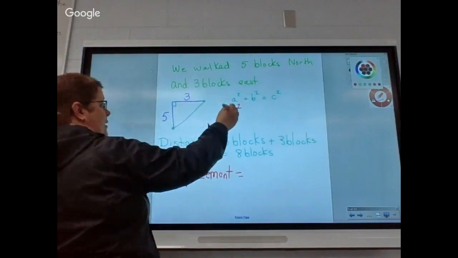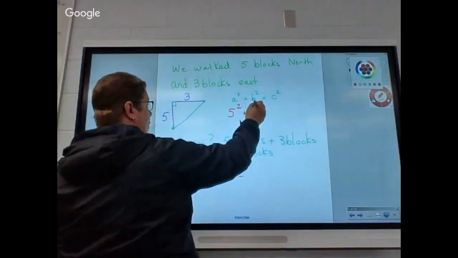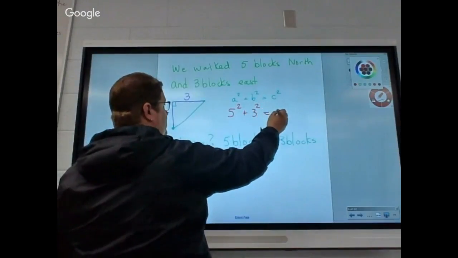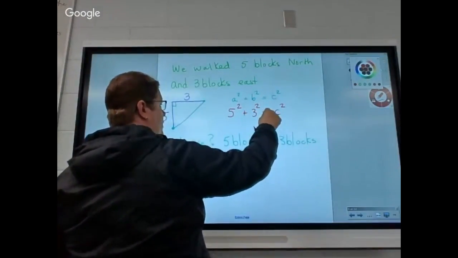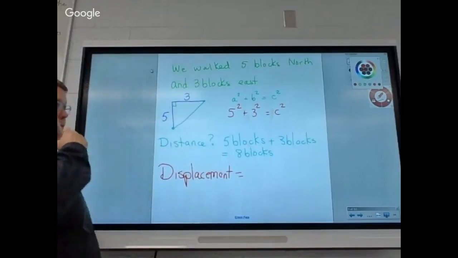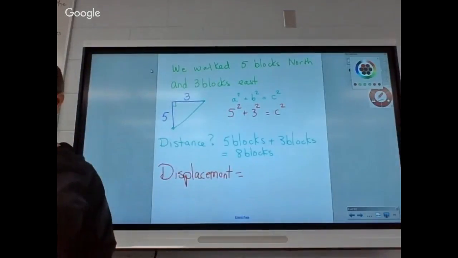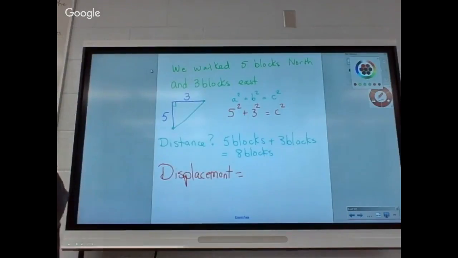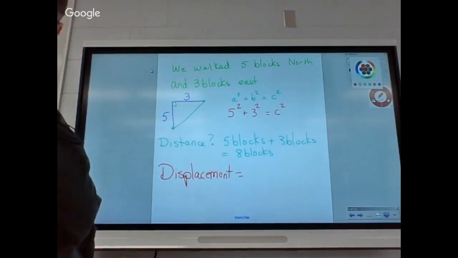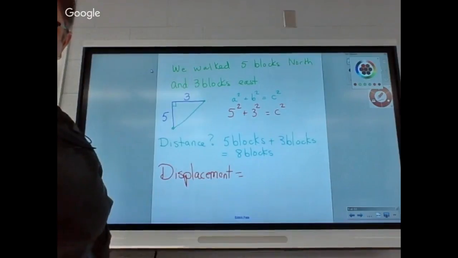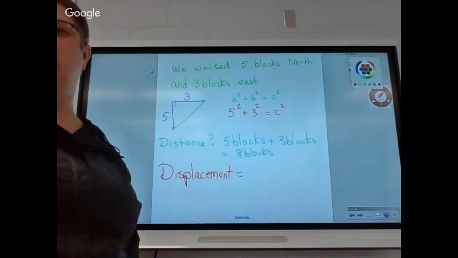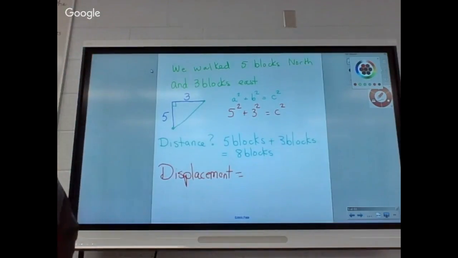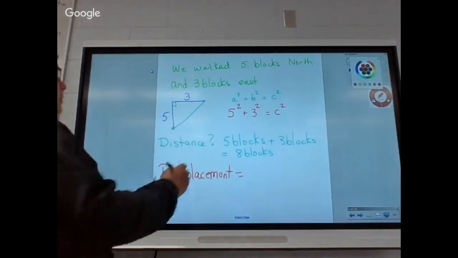I'm going to make 3 B, so 3 squared, equal C squared. Okay, so you don't have to do anything, let the calculator do the work. If you don't know what 5 squared is, say 5 and hit squared on your calculator. It's x squared. Most of y'all know what 5 squared is, but if you don't, make the calculator do it.